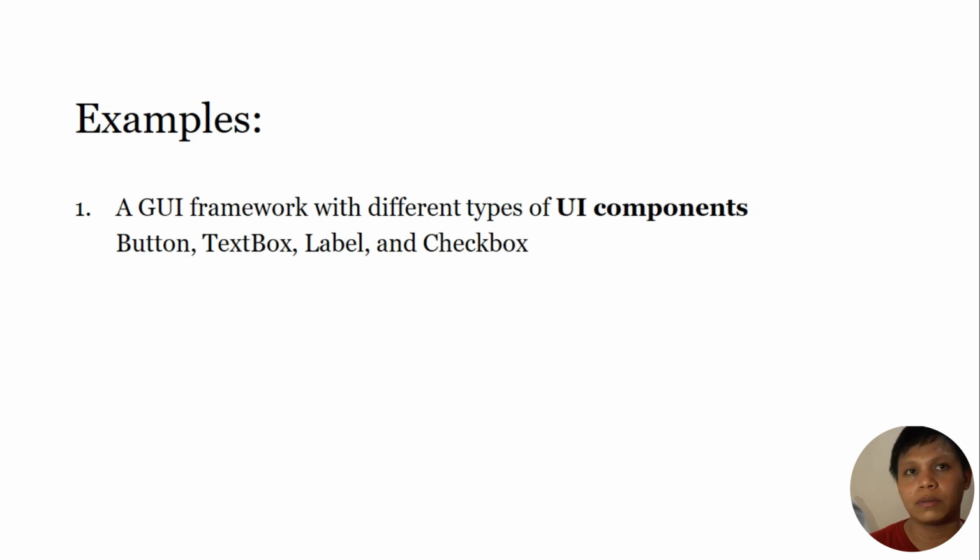So, of course, pag nag-draw yung button, yung itsura niya is rectangle and may text center. Yung text box, pag nag-draw, iba din yung limitation niya kasi it's just simply a box lang. Walang text sa gitna. Then, same also with label, checkbox. Iba-iba yung behavior nila pag mag-click. Yung button, pag click, iba yung behavior. Yung text box, iba. Label, checkbox.